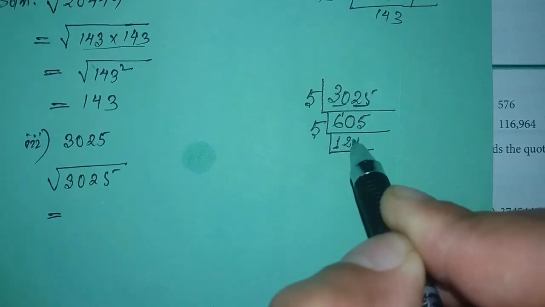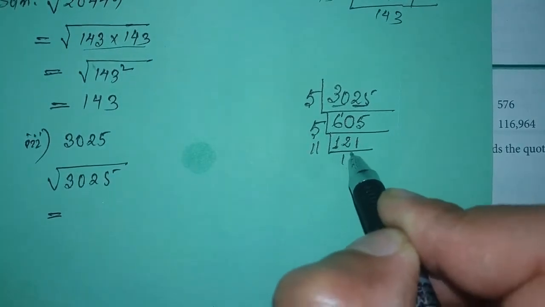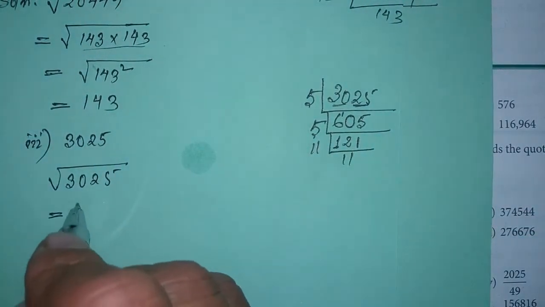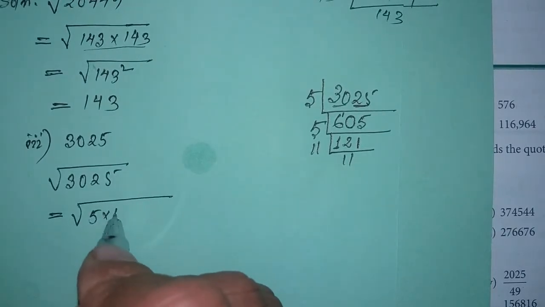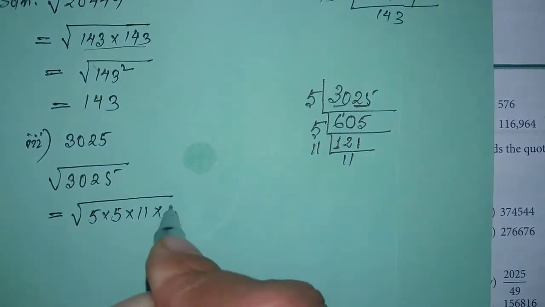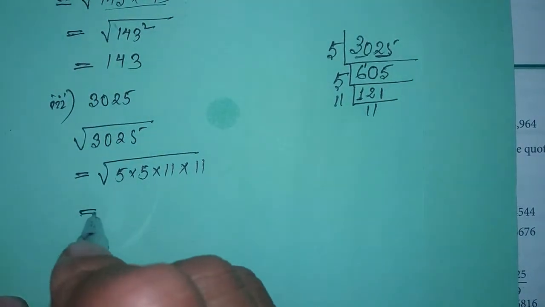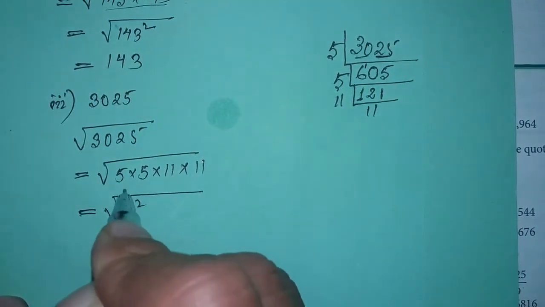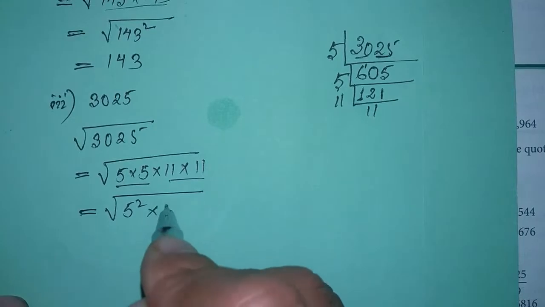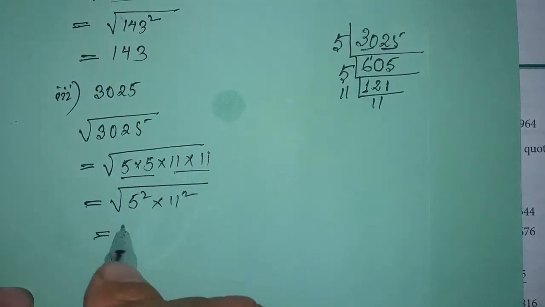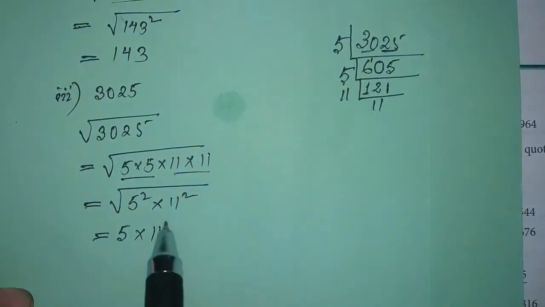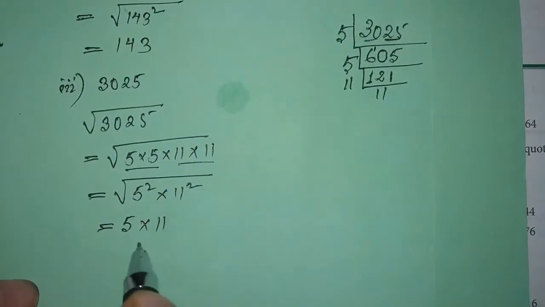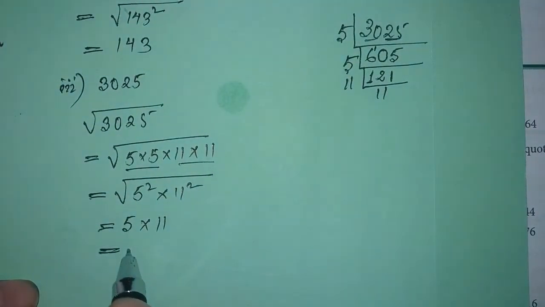Now this 121 is 11 into 11. So we have here 5 into 5 into 11 into 11, which is 5 square and 11 square. So you have here 5 into 11. Now no more square and no more root sign. So 5 into 11 is 55.